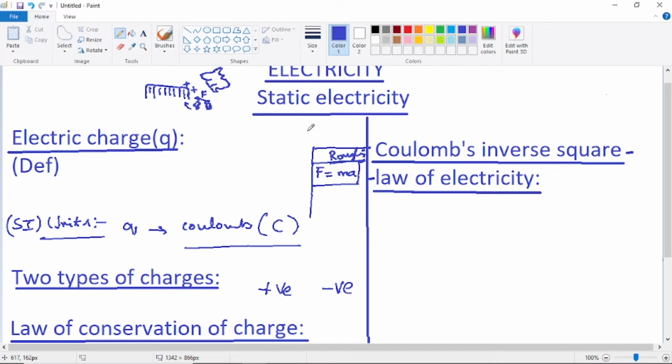Magnetism is actually part of electricity, as we have just seen. It's the third sub branch of electricity. The first sub branch of electricity is static electricity. Next, current electricity. Current means something in motion, so from the name itself, it deals with charges in motion.